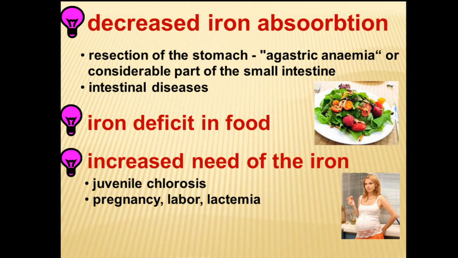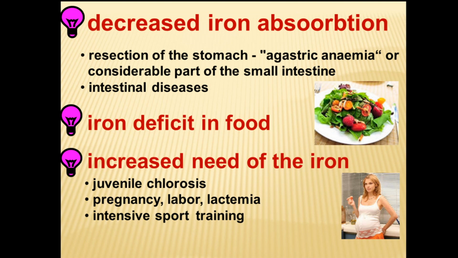We must remember about pregnancy, labor, and lactation period, when the loss of iron is divided between two organisms, mother and fetus and then newborn, and dietary recommendations must receive more attention.